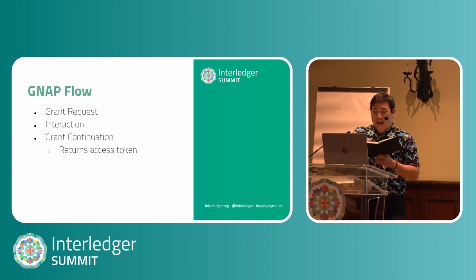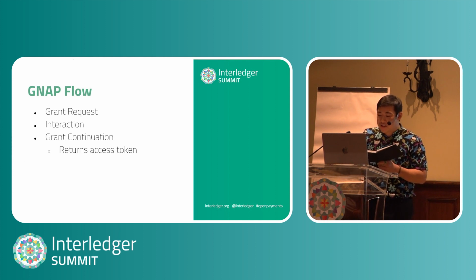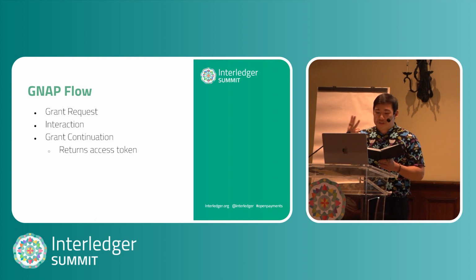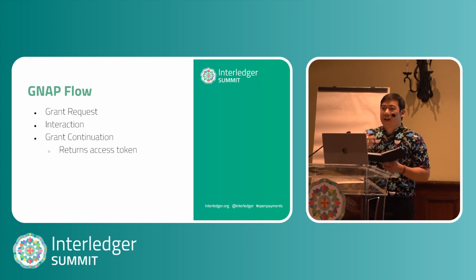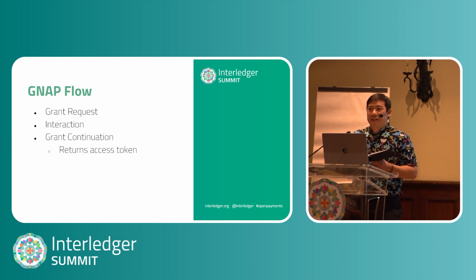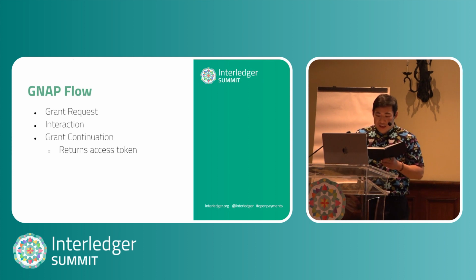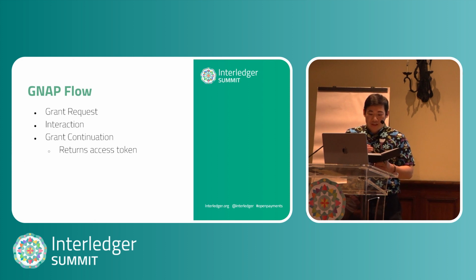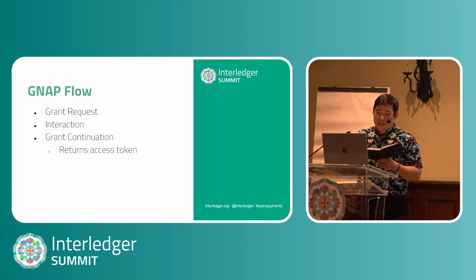Because GNAP has streamlined the process for acquiring a grant, the process can be generalized into three steps. First is the grant request, which initiates the process, identifies the client to the authorization server, and outlines the scope of access for the grant. Next is the interaction, which, if an authorization server deems it necessary, is the step where the resource owner indicates to the auth server that they do or perhaps do not wish to allow the client access to the requested resources.